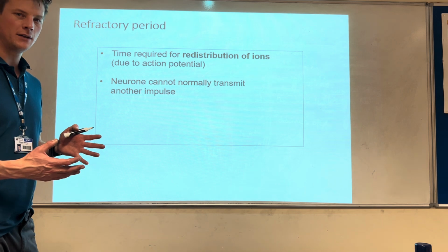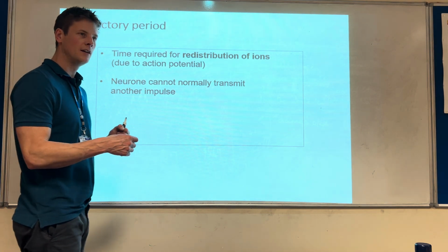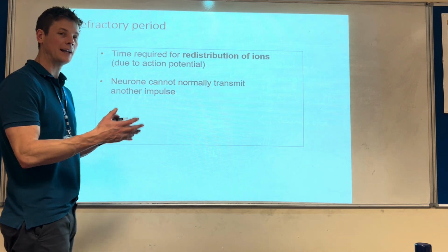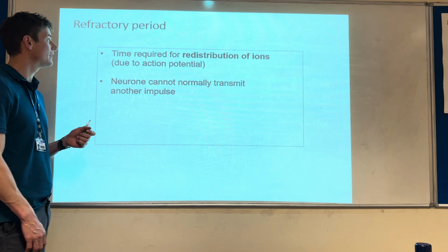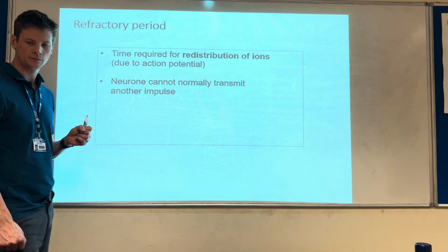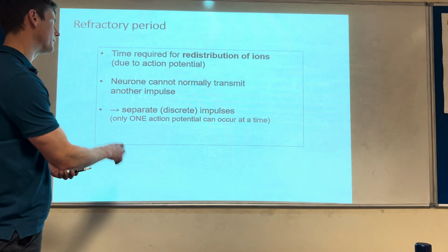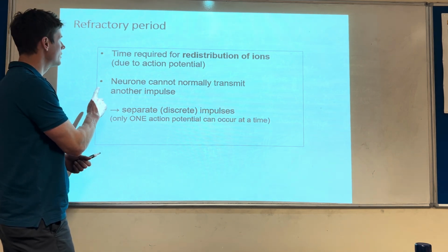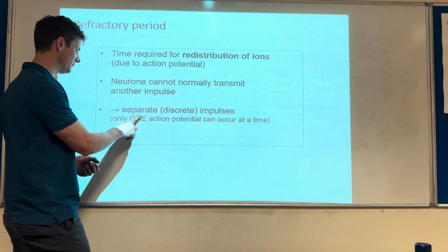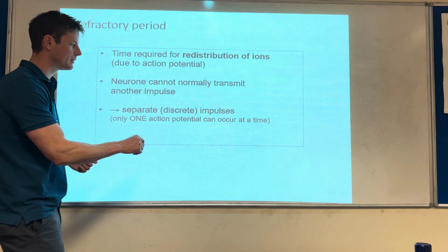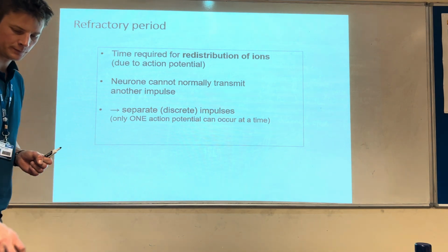During that time, it's not possible for a neuron to transmit another impulse. Another action potential cannot be produced at that particular point on the axon during this refractory period. I mentioned in a previous video that this means that each action potential is discrete or separate. So only one action potential can occur at one particular place at one time.